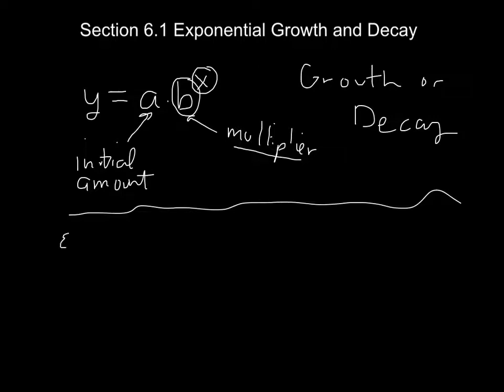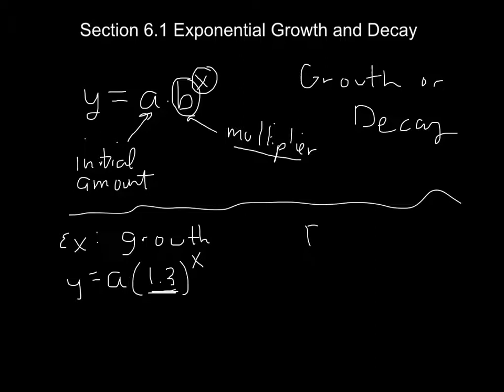Here's an example of growth. b is going to be greater than 1. So y equals a, whatever you want as an initial population, times 1.3 to the x. 1.3 is greater than 1, therefore it's growth.